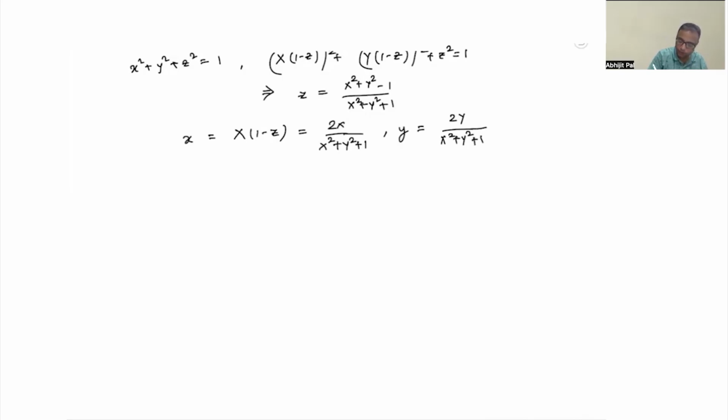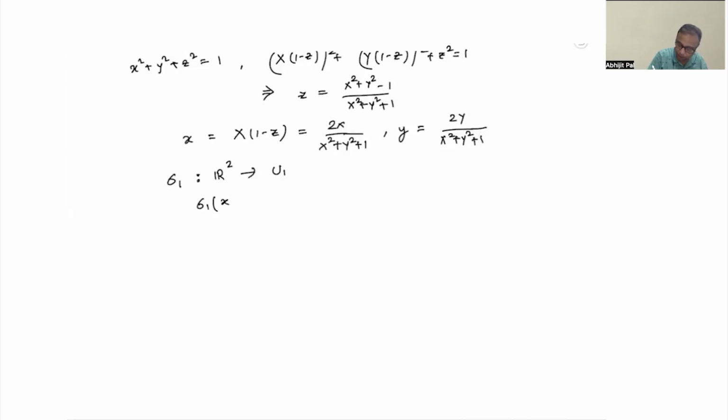Okay, so now I can take sigma 1, a map from R2 to U1. So what is my map?